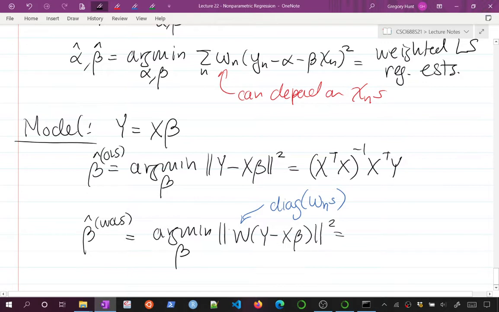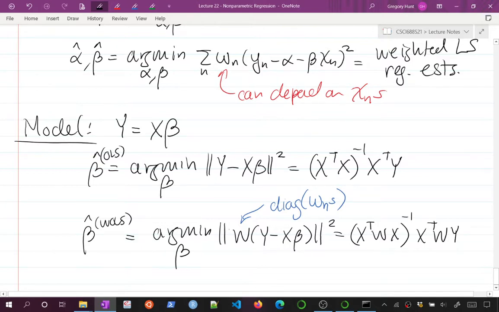And I'm going to get my weighted OLS estimator. And it turns out if I write these weights as a diagonal matrix, so my WNs are on the diagonal, this actually has a pretty nice, simple closed form. It is (X transpose W X) inverse times X transpose W y.